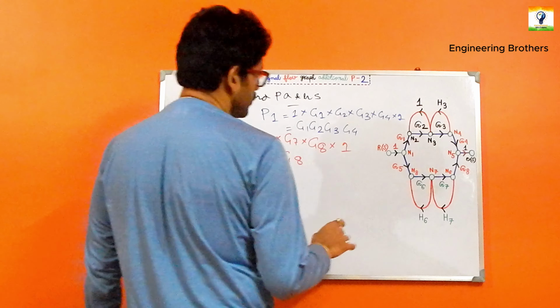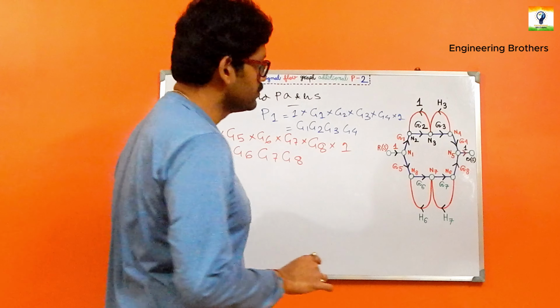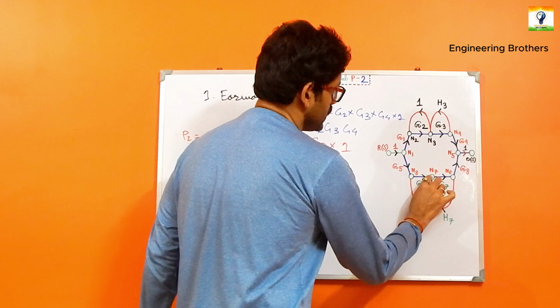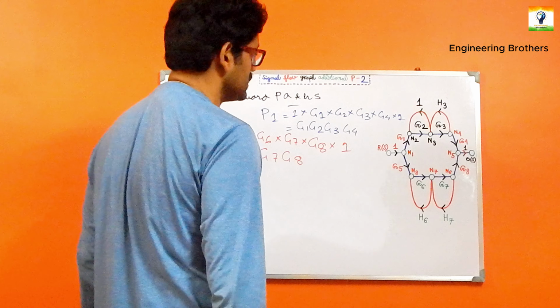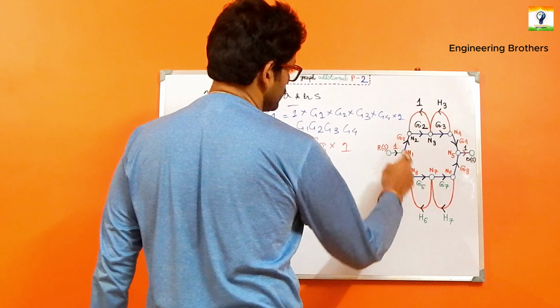And for the next forward path, we should take another path direction, which is from R(s) to N1 to N8 to N7 to N6 to N5, and ultimately it ends at C(s). Now we should follow the gain between those nodes.